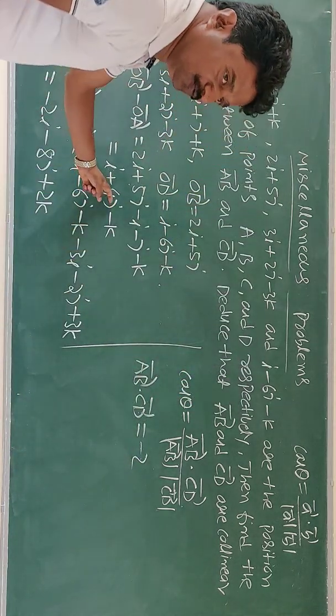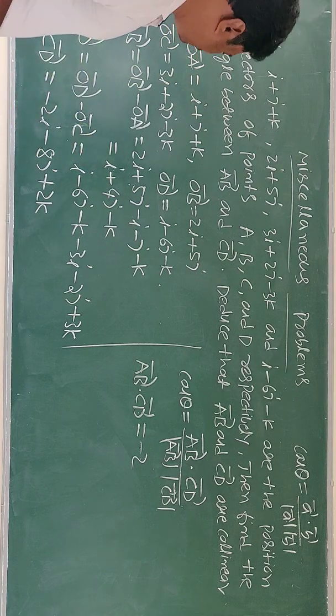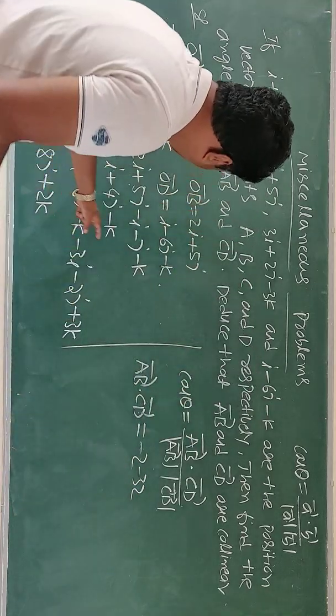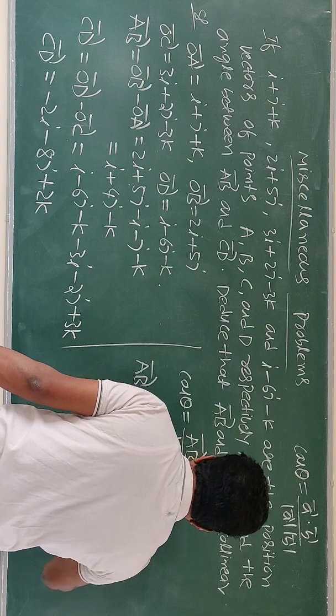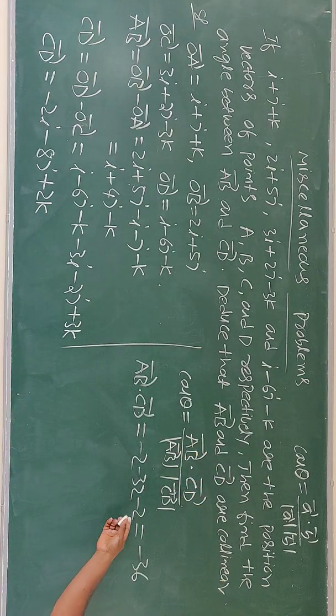For j: 4 into minus 8, minus 32. Next, minus 1 into 2, minus 2. How much is this? Minus 36. Correct.